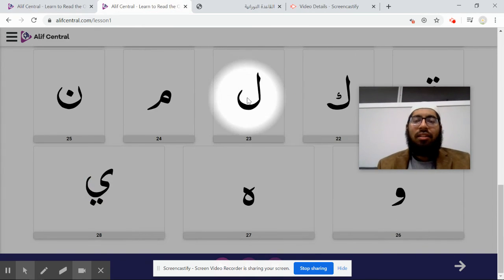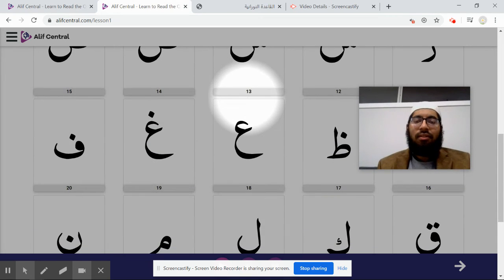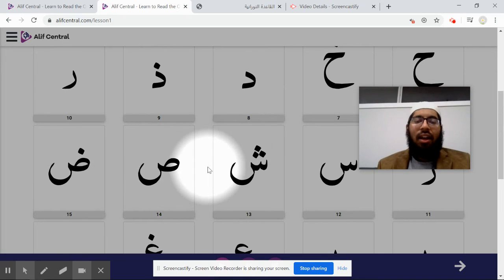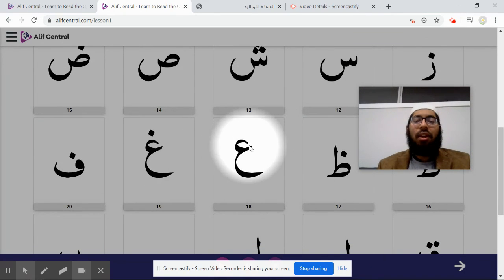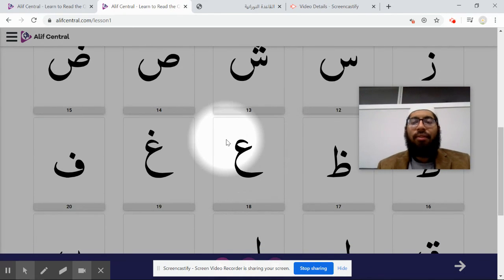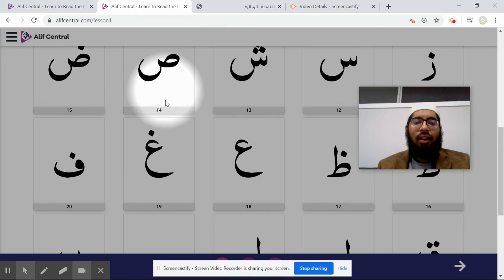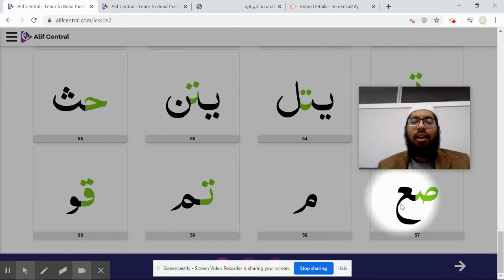Sad is this one, this is sad. And ayn, it's this one, okay? It's just another way of writing ayn. Sad, you see the head of sad. And ayn, you see the tail of ayn. Sad, ayn.